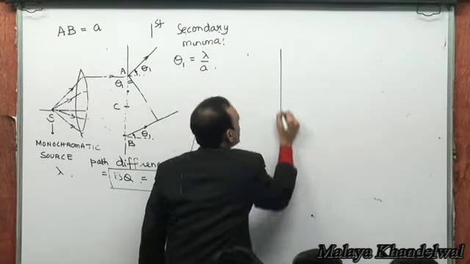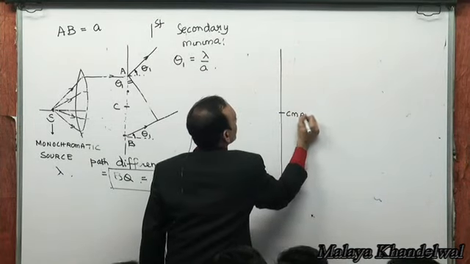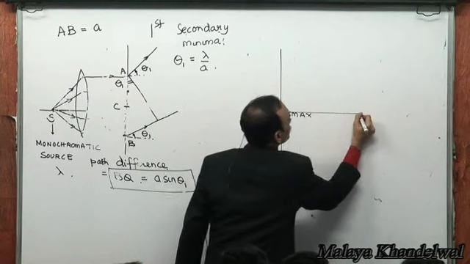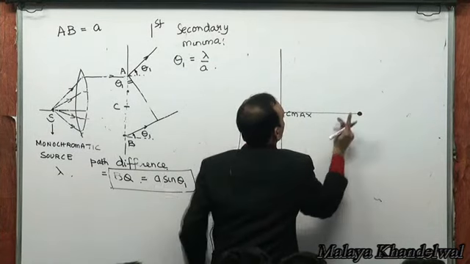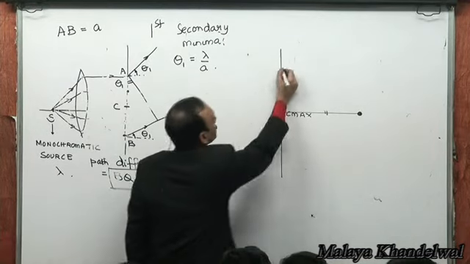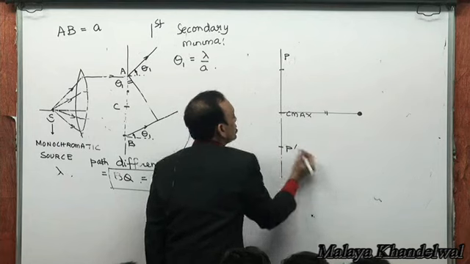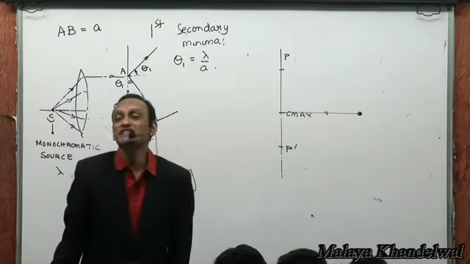On the screen, this was the central maximum, where you would see high intensity. Let me say this designates the high intensity. And at P and P prime, you see the first order secondary minima.